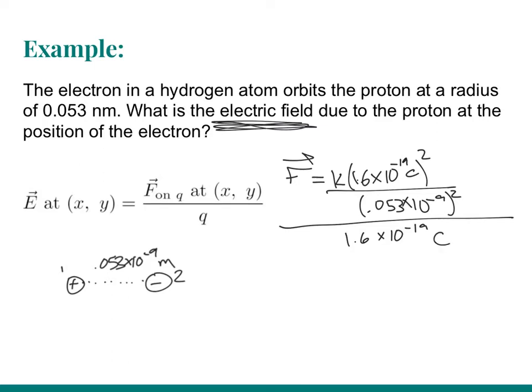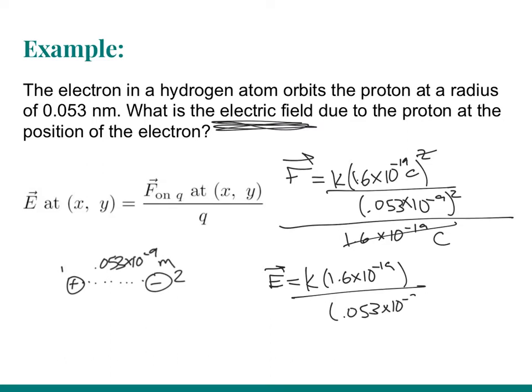So if you want to simplify and cancel out there, you get that the electric field equals K times 1.6 times 10 to the negative 19th, because one of them is going to cancel with the bottom, divided by 0.053 times 10 to the negative ninth squared. I really don't want to go get a calculator and do that, but I'll stop my video and do it for you right now. All right, back with the calculator update.